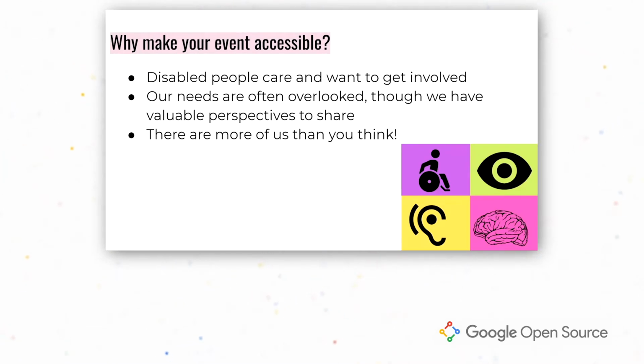So you want to make sure that your events are accessible, not only to get more people to your event, but also to make sure that everybody there can participate fully. And lastly, there are more of us than you think. The CDC estimates that 1 in 5 people in the United States has some kind of disability. While not all of those disabilities necessitate accommodations in the virtual world, a lot of them do.